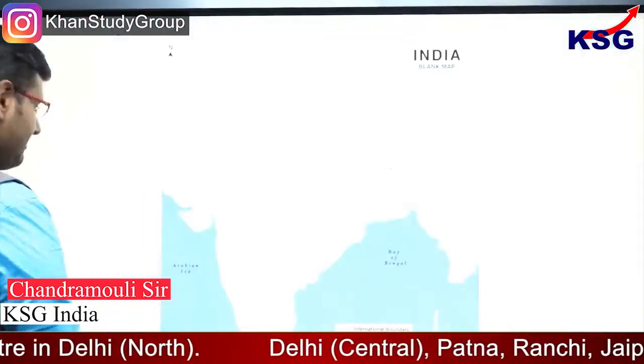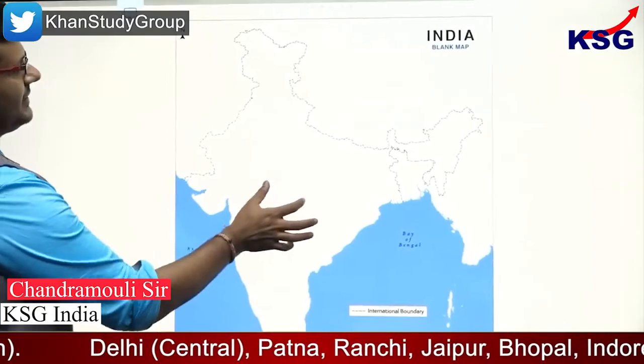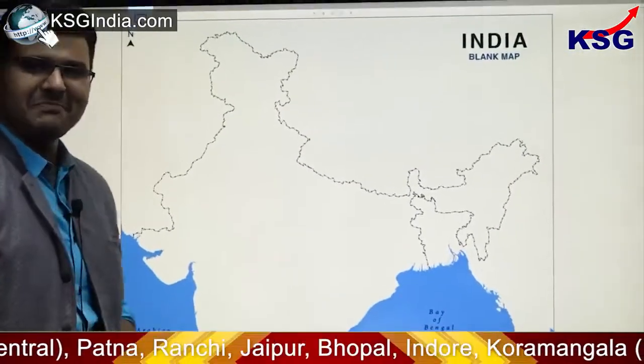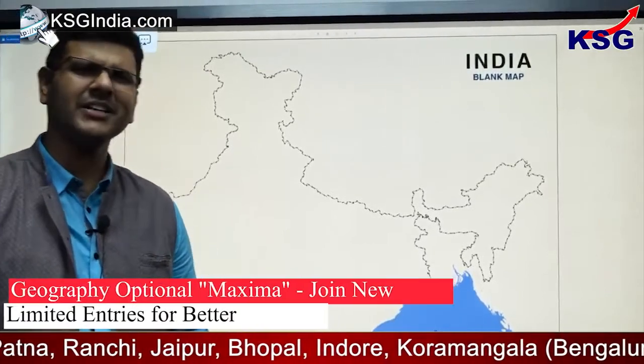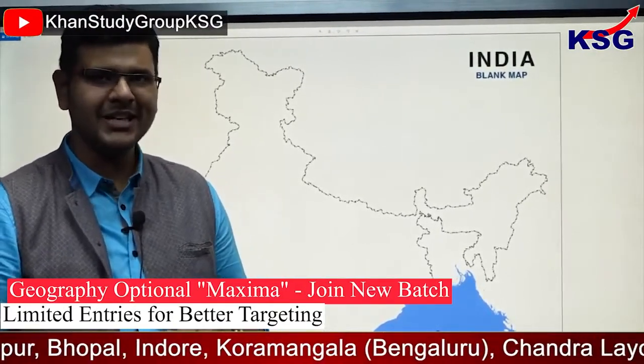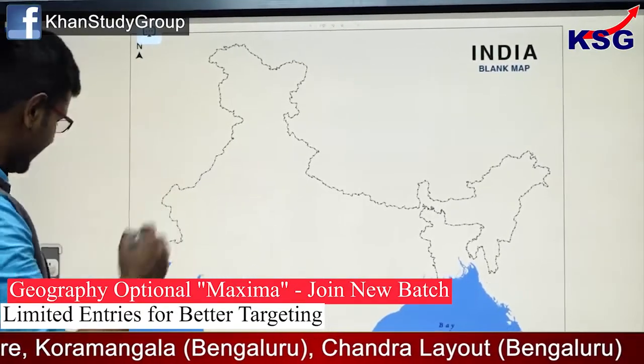So again, before you is the blank map of India, and we just have to mark some of the national parks which are important for the optional as well as for the GS part. Now let's see how we can reach some of the areas. We have to take certain references here.